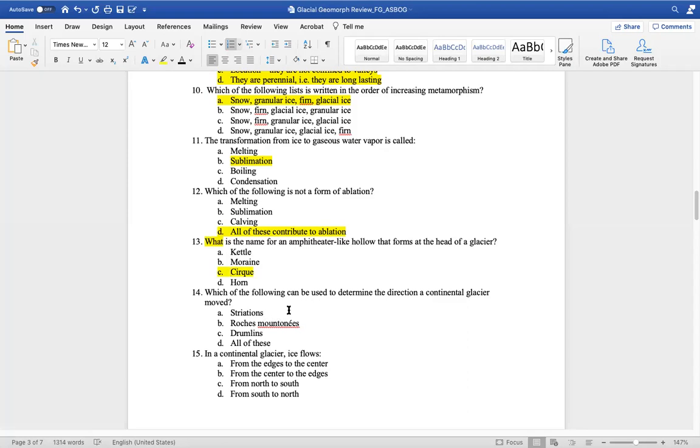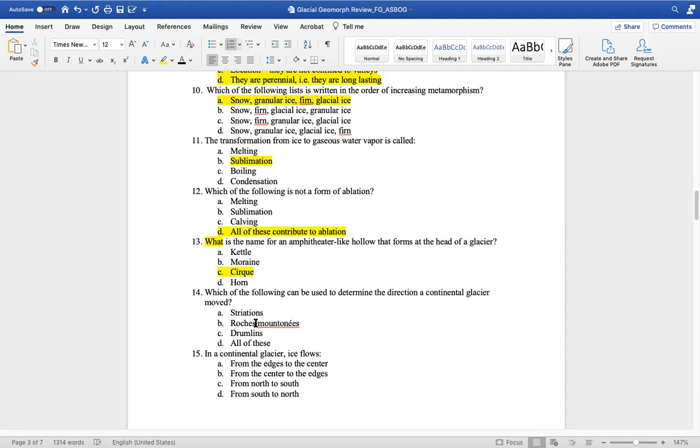All right, which of the following can be used to determine the direction a continental glacier has moved? Striations, I feel very confident at least A. Since Z is all of these, let's consider what these two are. So roche moutonnées are the result of abrasion on the stoss side and intense quarrying and plucking of a steep lee side.